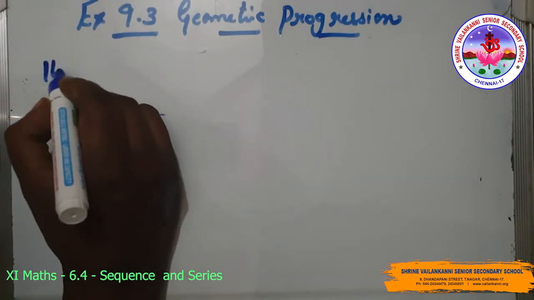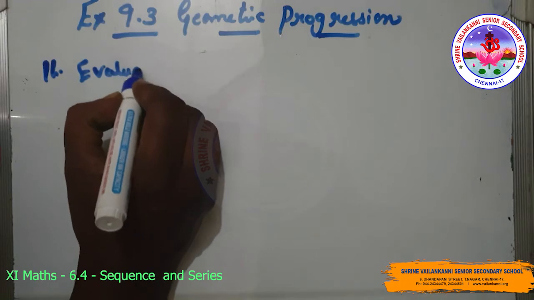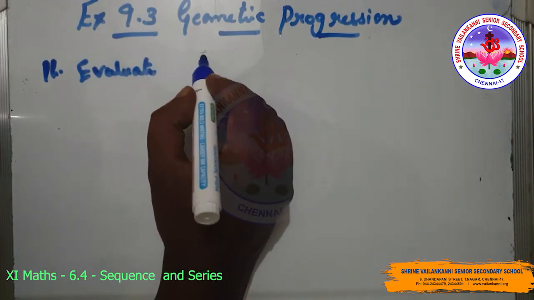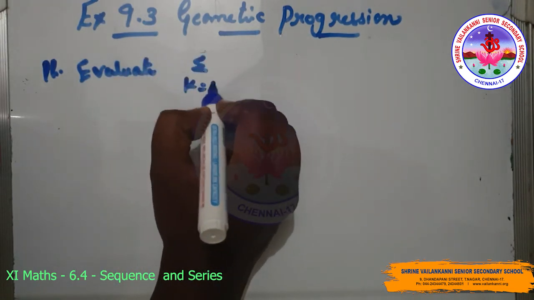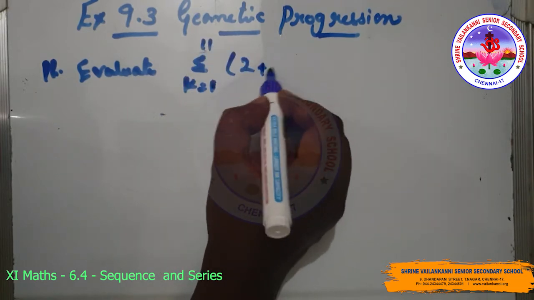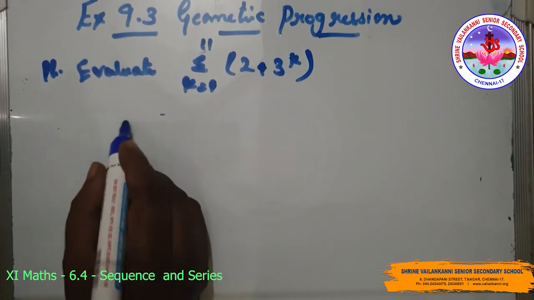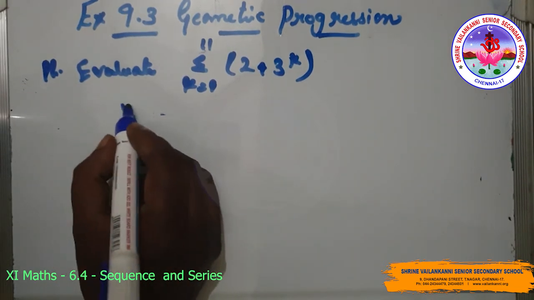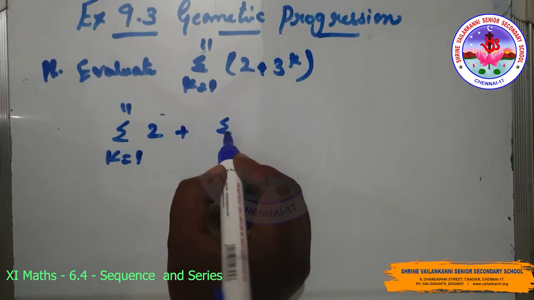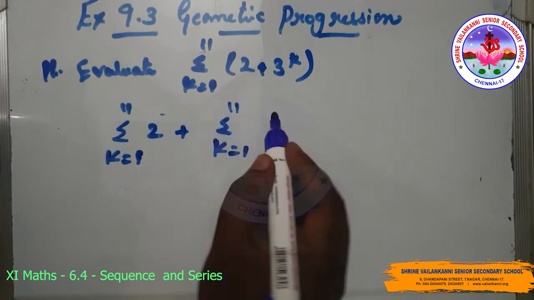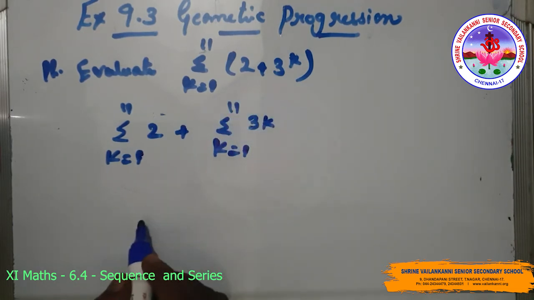Evaluate the sum, sigma k equal to 1 to 11, of (2 plus 3 power k). Summation k equal to 1 to 11 of 2, plus sigma k equal to 1 to 11 of 3 power k.